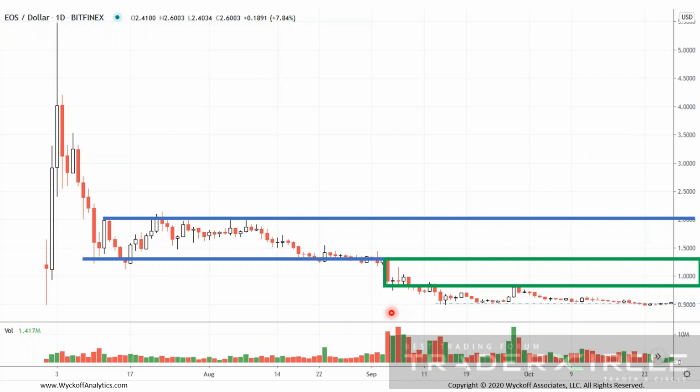Then inactivity in phase B. And finally, buyers are coming, absorbing the supply on the way up. But we want to see some kind of confirmation. For now, we don't have any kind of confirmation because we want to see a full absorption of the supply present at this level.